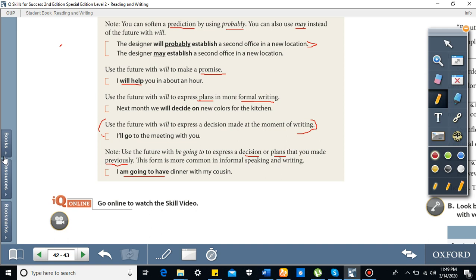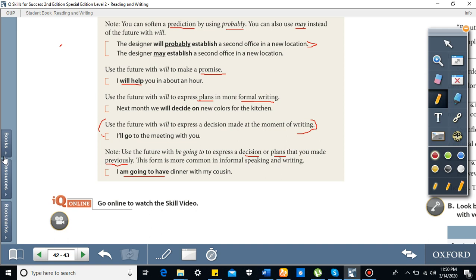You're traveling to another country, so you've already bought the tickets and packed your luggage, and after that you tell somebody, I'm going to go to New York, or I'm going to go to Riyadh tomorrow.